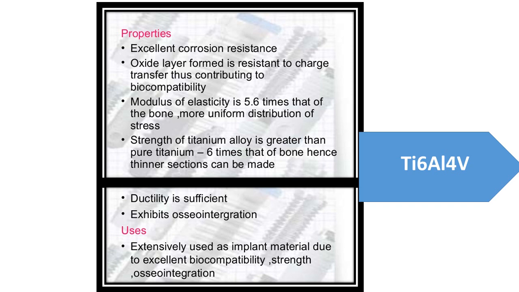You don't have to make bulky implants, because its strength is almost 6 times that of bone. Ductility is sufficient, and it also shows osteointegration because of titanium. It is used as an implant material due to the properties we discussed, which include biocompatibility, osteointegration, its good strength, and the fact that it has a high modulus of elasticity.